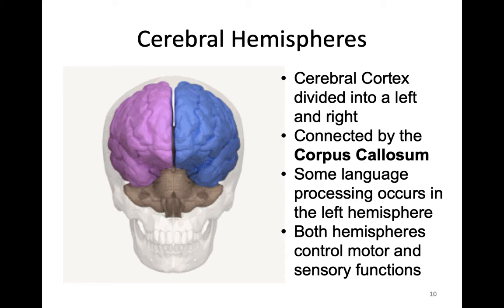Okay, most brain functions do happen across both hemispheres. If anything, if there's any difference in the two hemispheres, it could be that language is more dominantly found in the left hemisphere. So the left side of our brain, more than the right, is associated with language processing. All right.